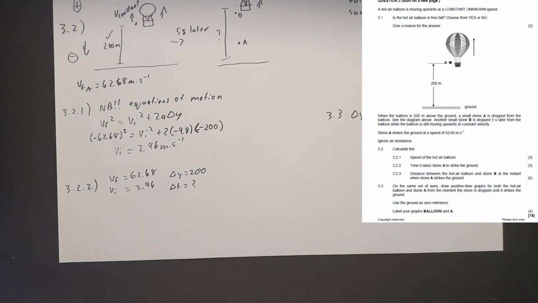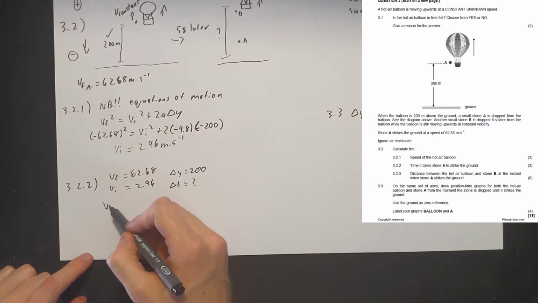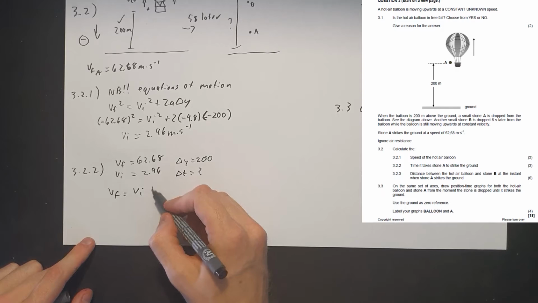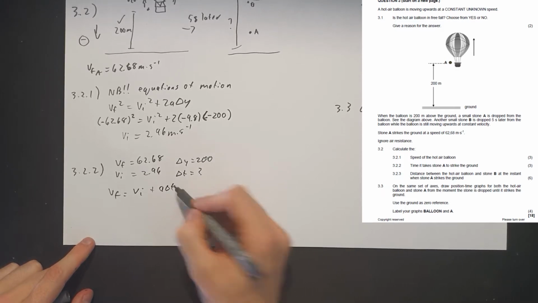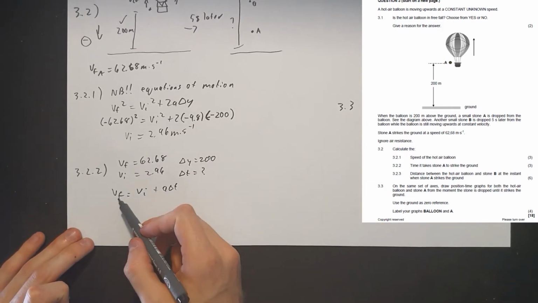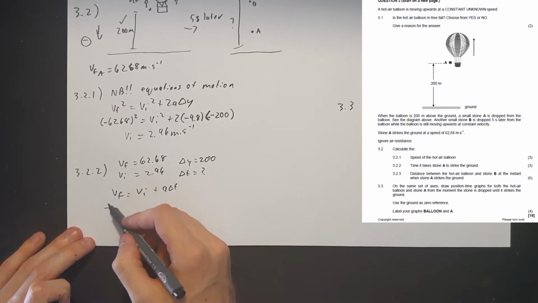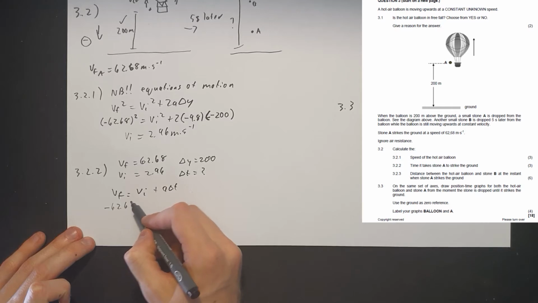We are going to use v final equals v initial plus a delta t. Pretty straightforward. V final we know is downwards, so that's going to be minus 62.68.